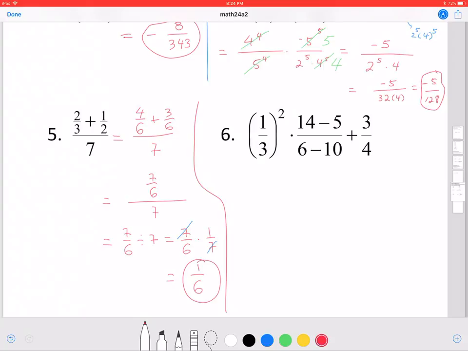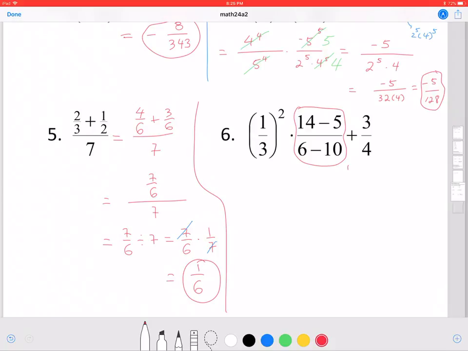Okay, number 6 is our longest problem. We have a fraction raised to an exponent times a kind of ugly looking fraction. We have subtraction top and bottom plus a single fraction. Okay, this definitely will need to use PEMDAS rule. And this right here, because we do have an operation at top and bottom, will be considered as grouping symbols.